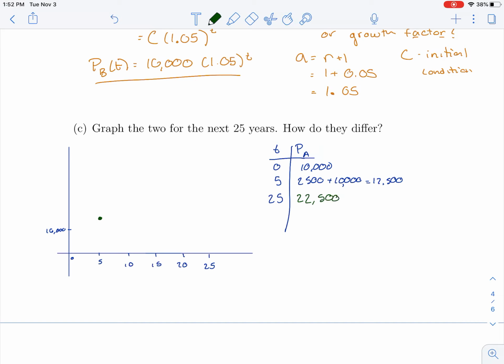Sorry, I changed colors. So that'll be up here, right? Yeah, we'll go right there. And this is just going to be a straight line. There it is.